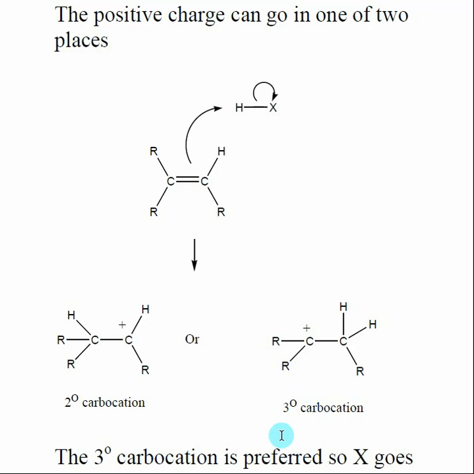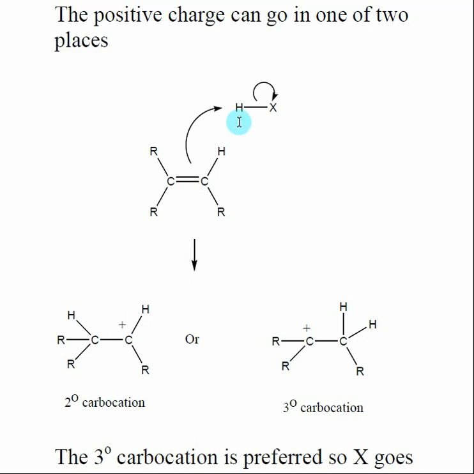More alkyl groups stabilize the carbocation. Remember, that had to do with hyperconjugation. We already explained that, but the rule is the more alkyl groups that I attach to the carbon that has the positive charge, the more stable the carbocation is. So between these two molecules, the one on the right produces a more stable carbocation. So this is the one that we are going to form in this step.